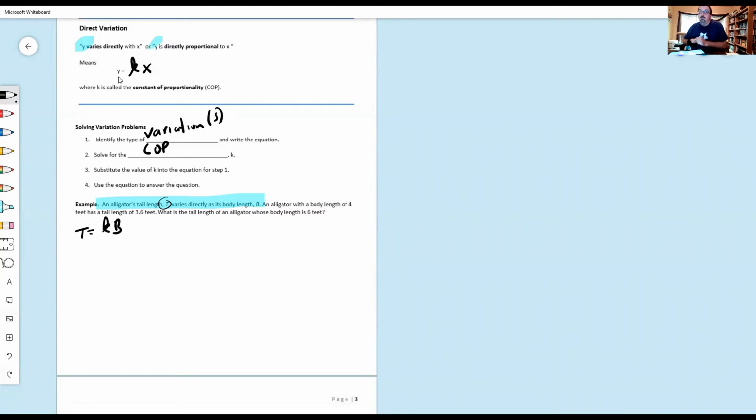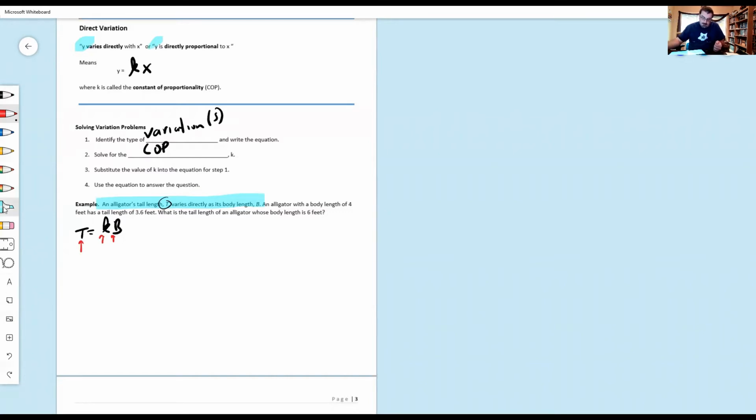Now, I need to find what k is. What is its value? So key for this is, this equation right here has 3 unknowns. If I need to find k, that means I need an equation or something that gives me a t and a b at the same time.